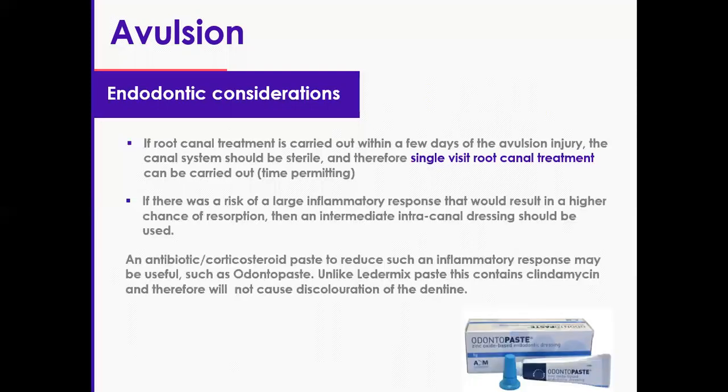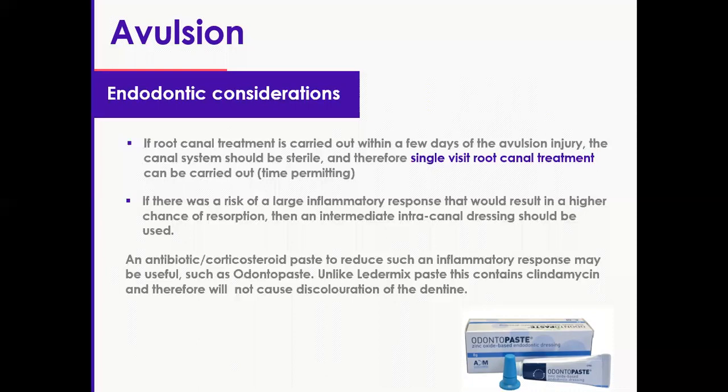And then in teeth that have been out of the mouth for 2 weeks, or teeth that come with delayed presentation, because of the risk of resorption, which is going to be inflammatory type in these circumstances, try addressing it multi-visit and use odontopaste in these scenarios.